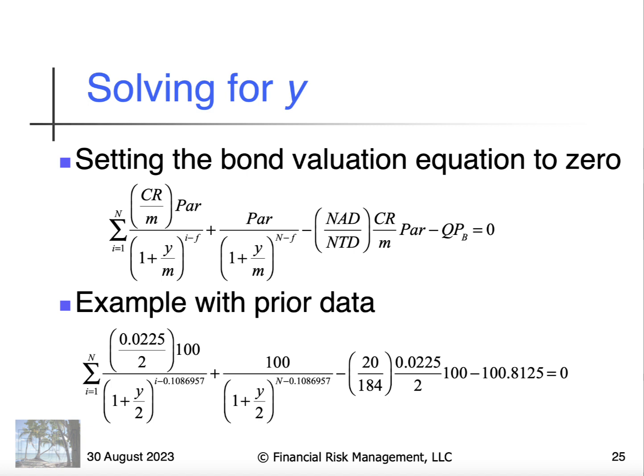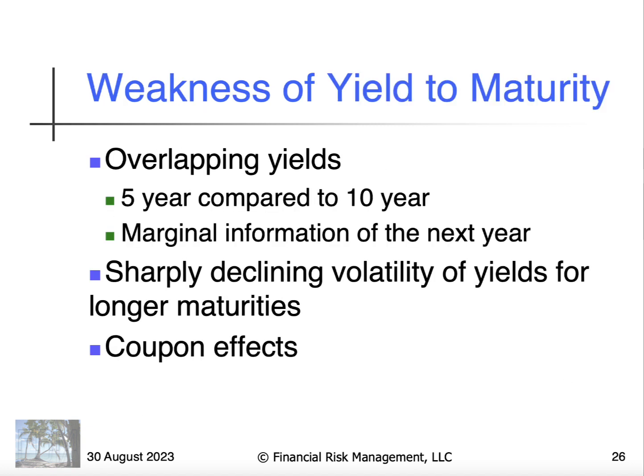So with discrete compounding, we could solve for the bond valuation model that gives me the quoted price of the bond and set that equal to 0. It turns out if I use the yield to maturity provided previously, in fact, that gets a value of 0.